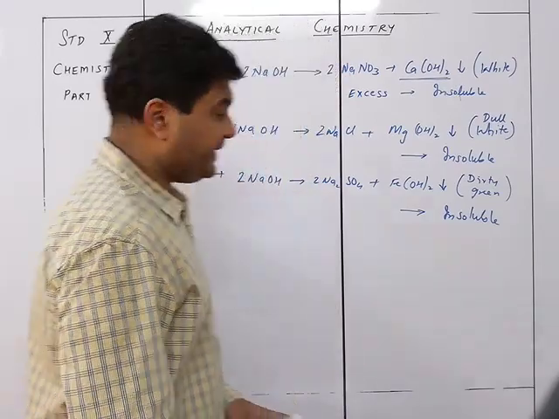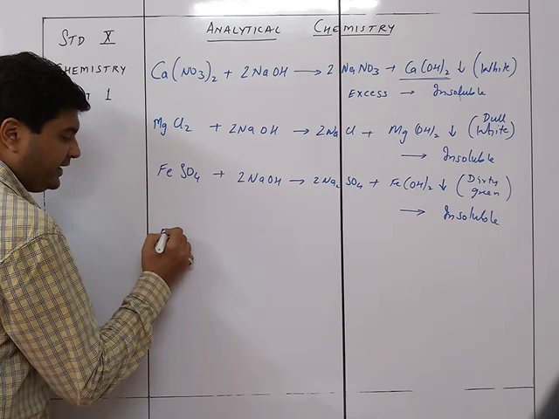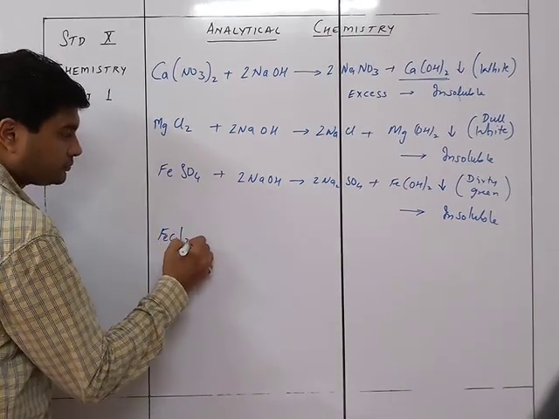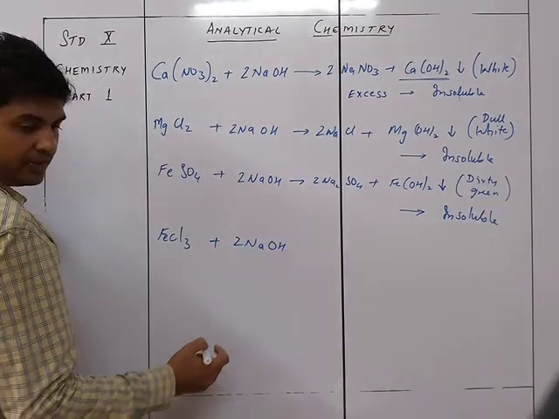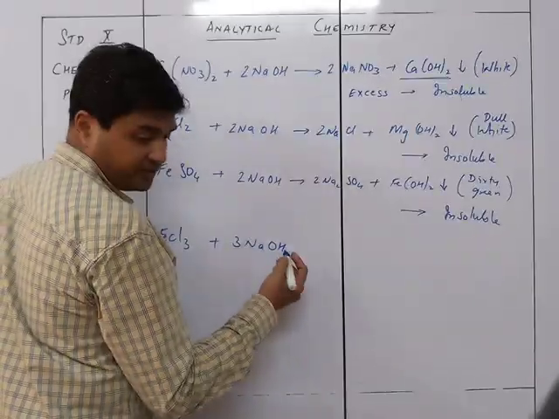The next we see is ferric. This was ferrous, now it is ferric. So it will be FeCl3 plus 3NaOH, because it is FeCl3.